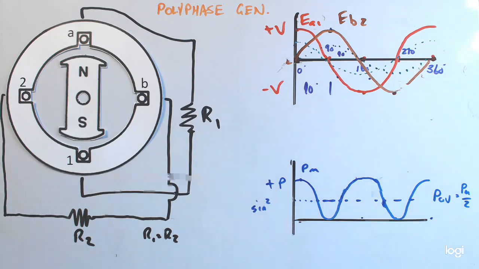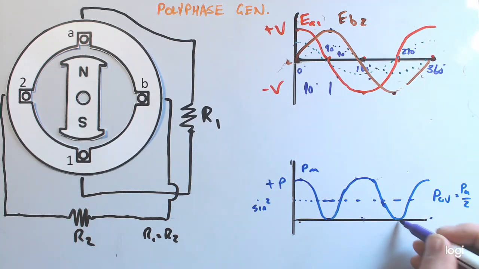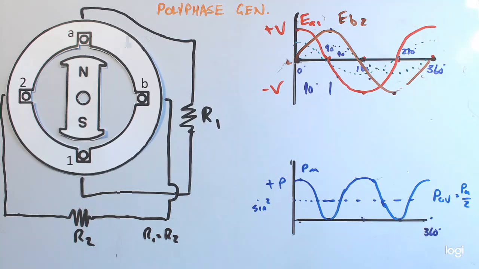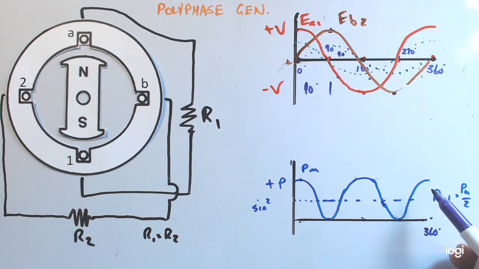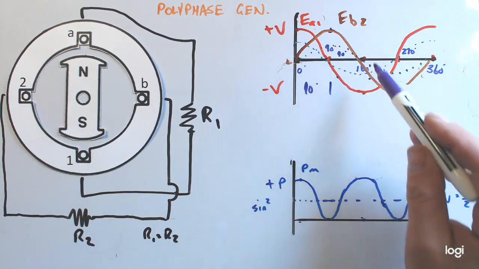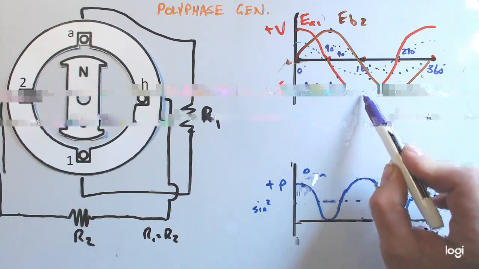Keep in mind that through 360 degrees of electrical waveform, we end up actually seeing two power waveforms, right? The frequency of the power waveform is twice that of the voltage, and that's because of the effect of negative voltage and negative current.